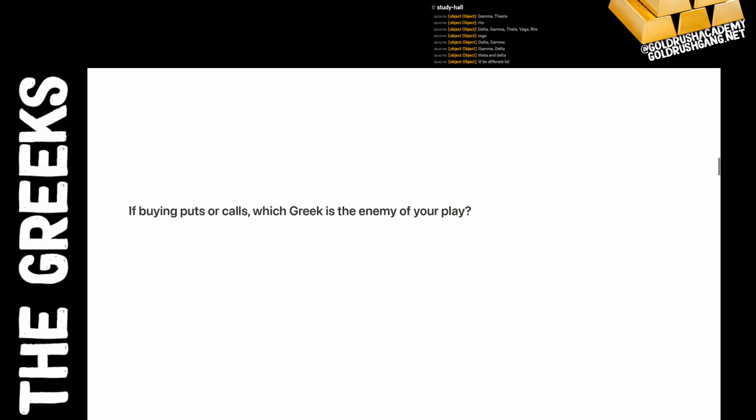All right. Next question: if buying puts or calls, which Greek is the enemy of your play? I think there's only one answer here. Homegrown says theta. What else you guys got?